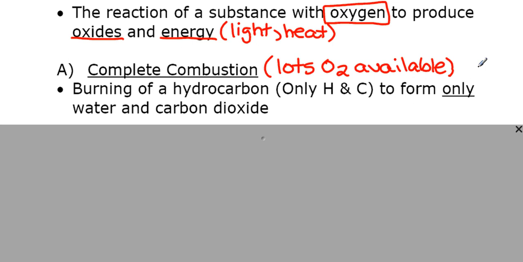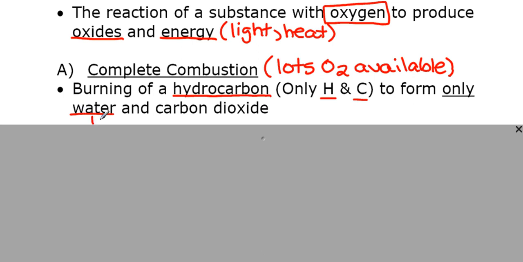In this example, we're going to look specifically at burning something called hydrocarbons. Hydrocarbons are used for lots of fuels. They make oils, they're in your gasoline, and like the name says, a hydrocarbon is something that only has hydrogen and carbon in it.